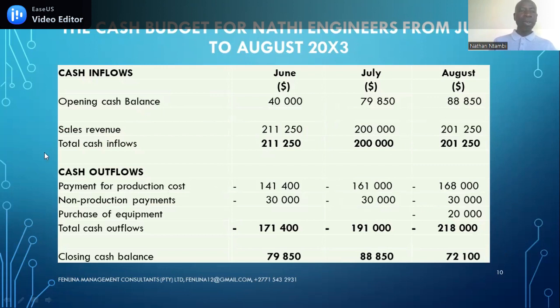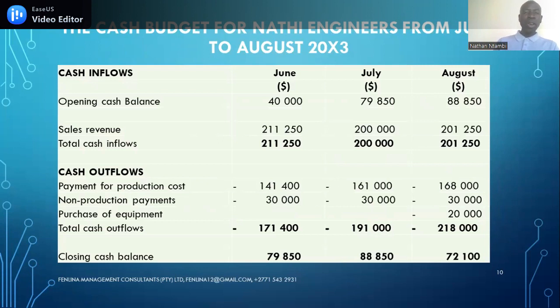Then we have the cash outflows of 141,400 plus 161 for July and 168 for August. Let's go to our cash outflows. Payment for production costs is going to be 141,400, 161, and 168.